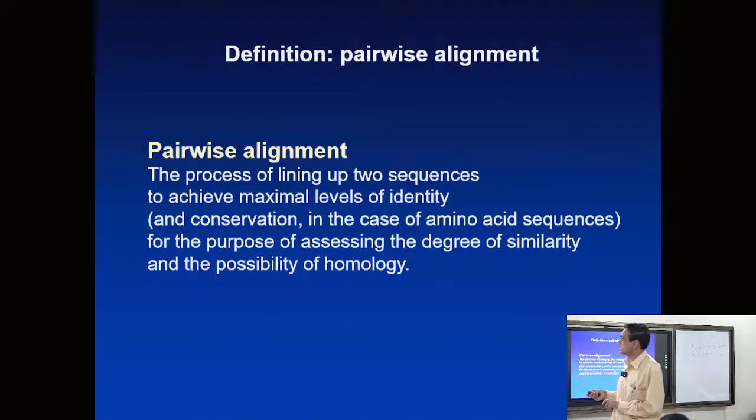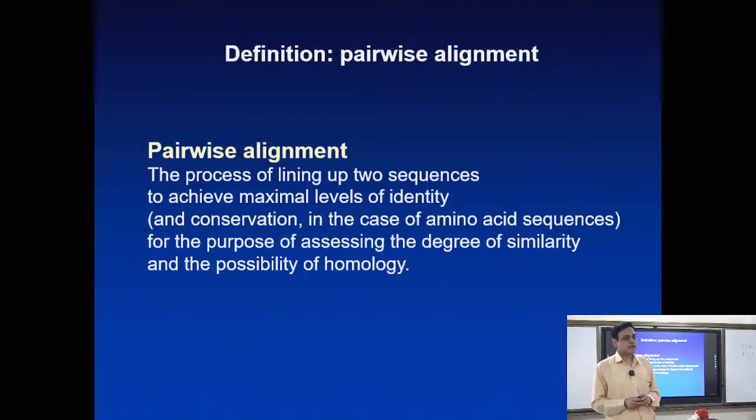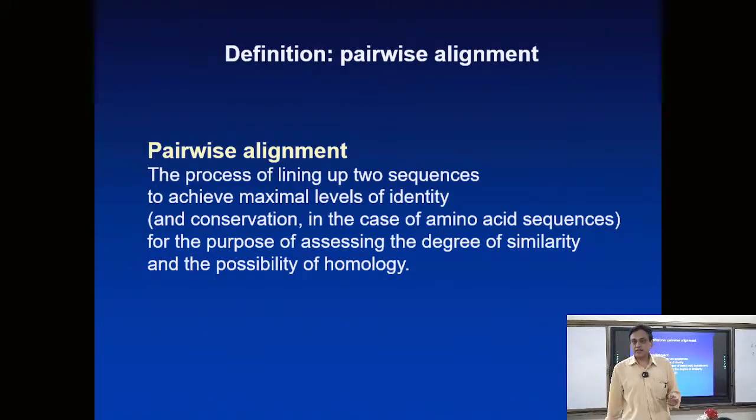So pairwise alignment, this is the definition. In pairwise alignment, given two sequences, you line up the sequences, considering all possible lineups of the two sequences. You want to select the lineup that gives you the maximum level of identity or similarity between them. This is the goal: you want to maximize the identity or similarity between two sequences.